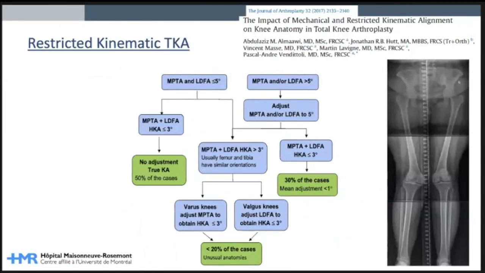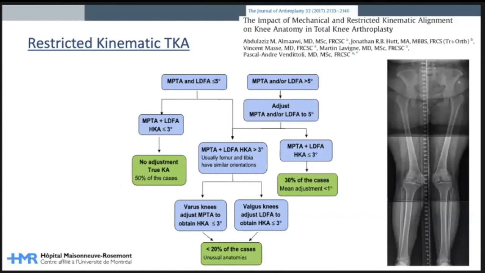The protocol to be used with restricted kinematic alignment is very simple. As you can see here, using that algorithm, in about 50% of the cases, there would be no adjustment to be performed to the patient anatomy, and this will reproduce a true kinematic alignment technique in 50% of our patients.